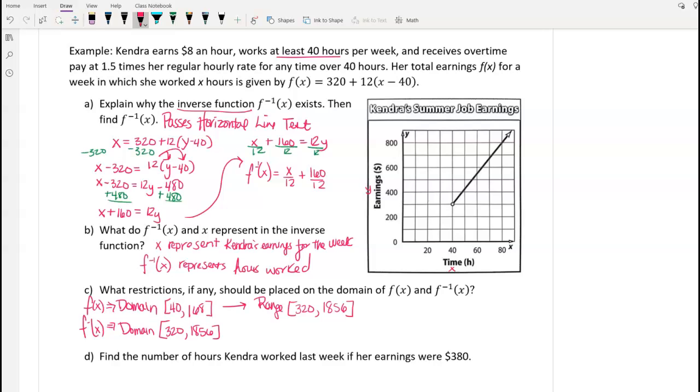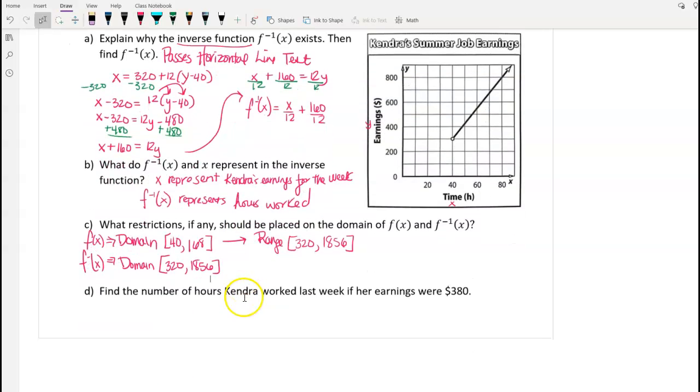And then last but not least, the final part of our example says find the number of hours Kendra worked last week if her earnings were $380. So you actually take the f inverse function of 380. So we know that is 380 divided by 12 plus 160 divided by 12.